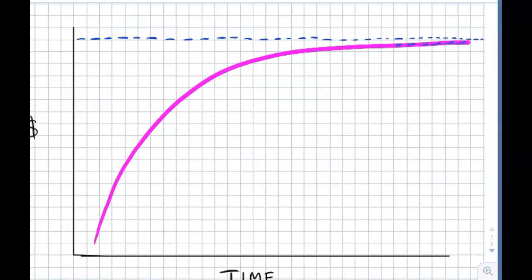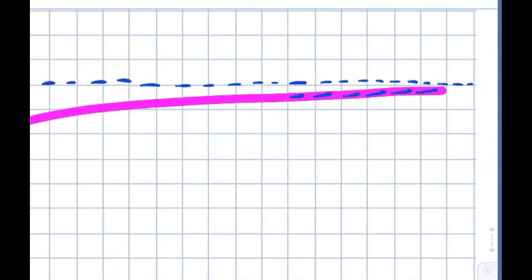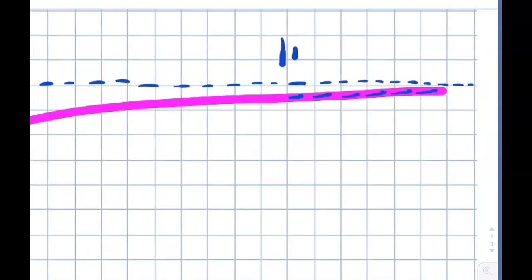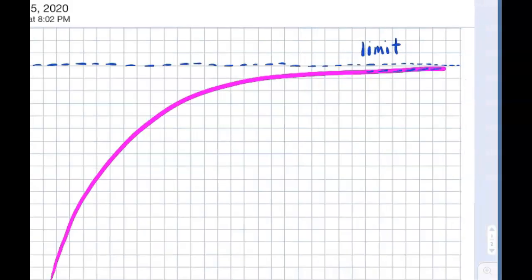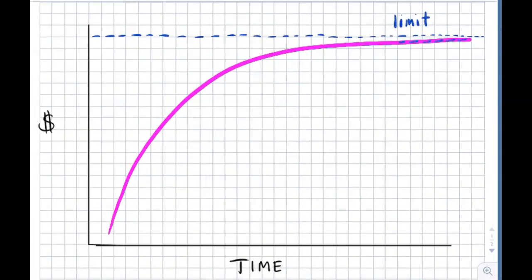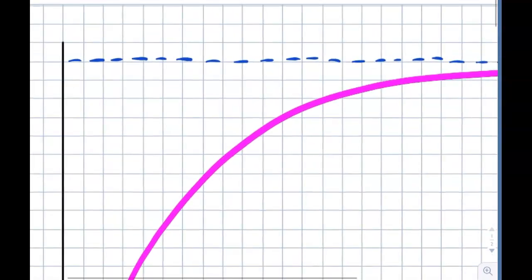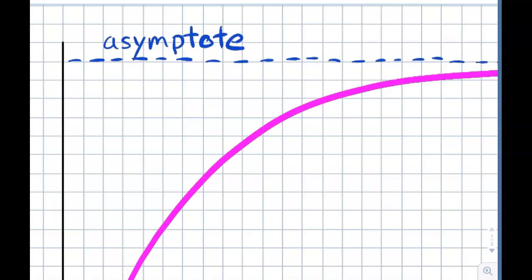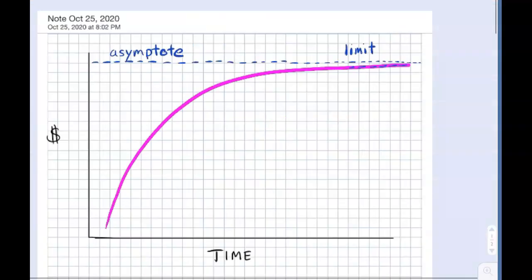It inches closer and closer and closer to it, but never actually hits it. So those of you that have learned this word in math and learn it later on in math, you now have a financial application for what a limit really is. And you might remember, if you took certain courses, that this dotted line that it almost meets is called an asymptote. It's fun to say, asymptote.